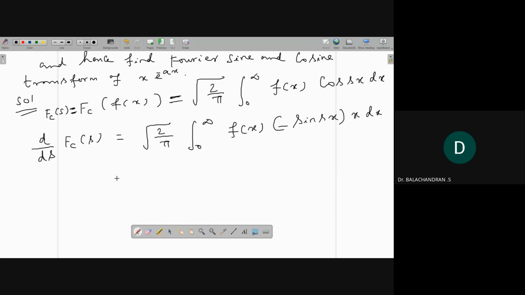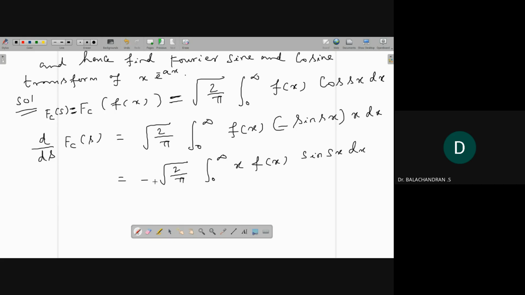So which is equal to minus root 2 by pi integral 0 to infinity x into f of x into sine sx dx.